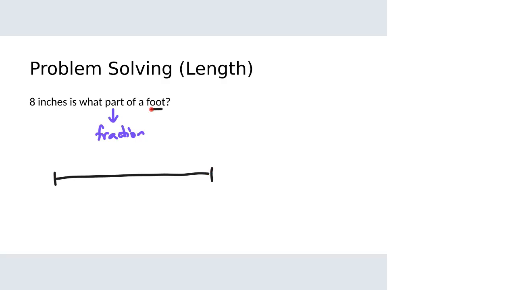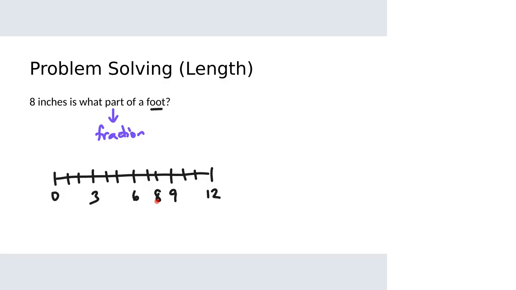And since we're talking about a foot, we'll go all the way over here to 12. And if we're going to have 8 inches, now I want to section this thing off. And just so I'm a little bit more accurate, I'll probably put a 6 and then maybe a 3 and a 9. And I'll go ahead and do the rest of these and have 1, 2. And we've got them all in there. And then, okay, well, this is where 8 would be.